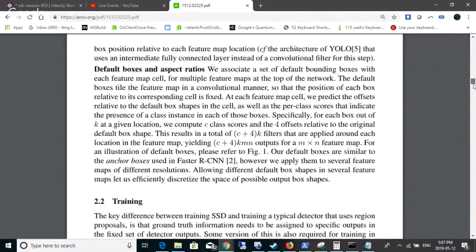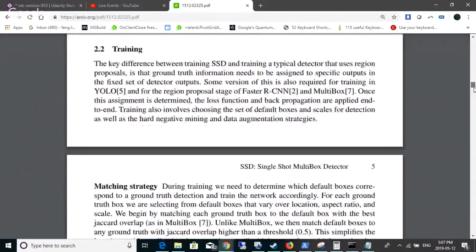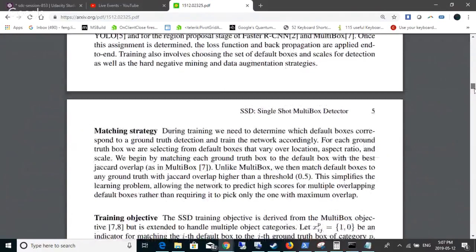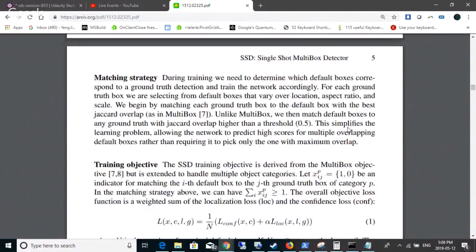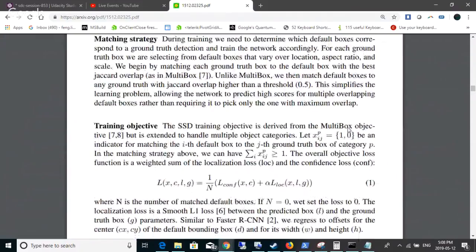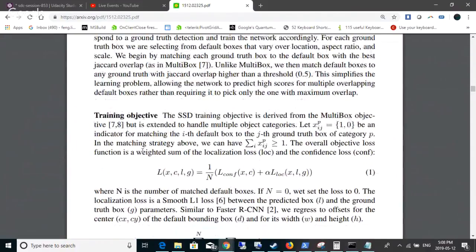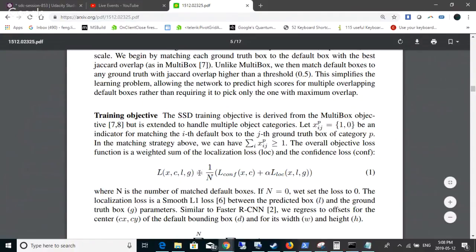Okay, so for the training, it's training the default boxes. The training objective is to reduce the L1 loss here.